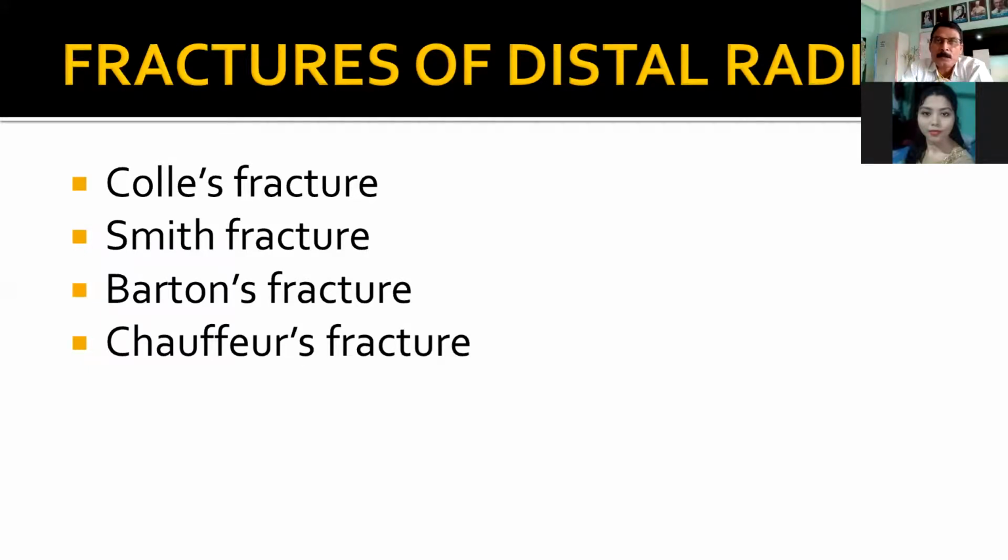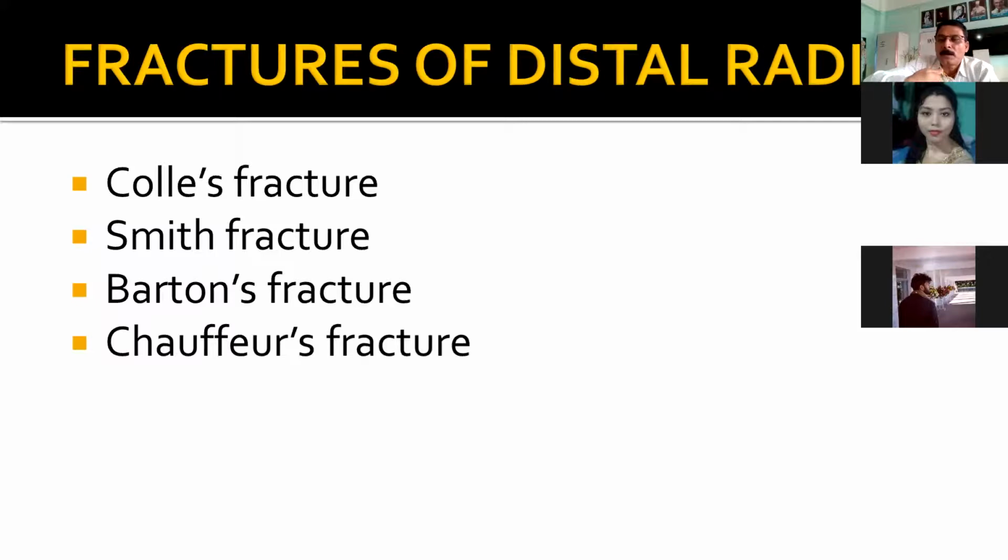While there is a slip, when you try to fall down, the body reflexly makes you fall on the hand so as to save the face or important structures. This happens reflexly. That is why in the Colles fracture the fragment goes posteriorly. But very rarely, the reverse may happen, where he is falling on the dorsum.